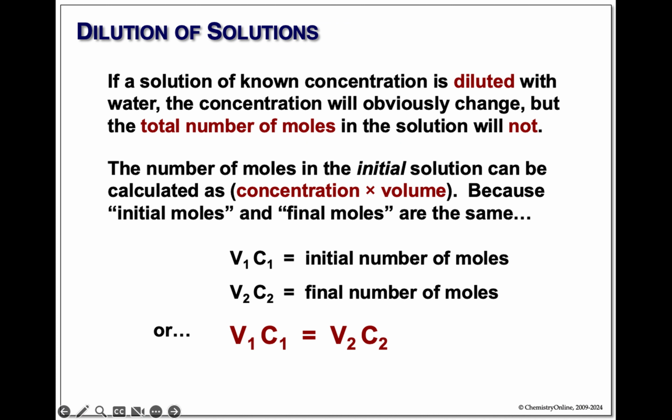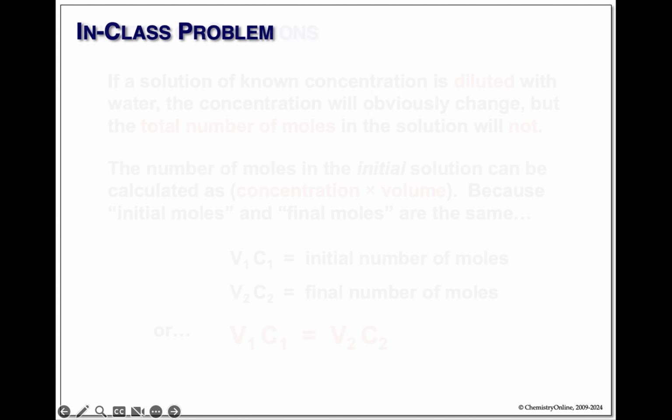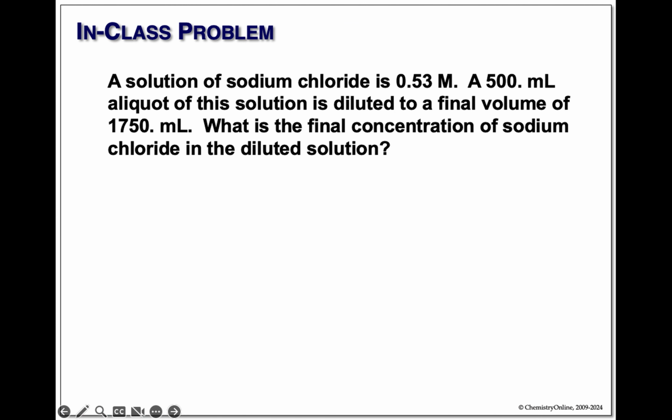Let's see. Sodium chloride, 0.53 molar. A 500 mil aliquot, that's a sample of the solution, is diluted to 1750 mils. What's the final concentration of sodium chloride?